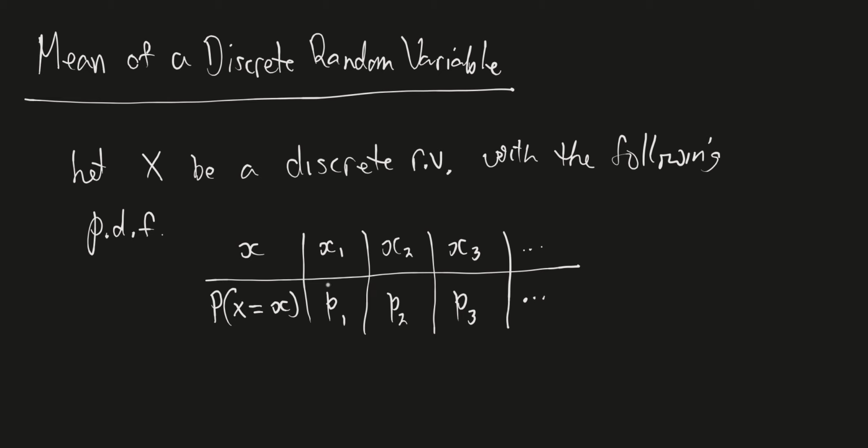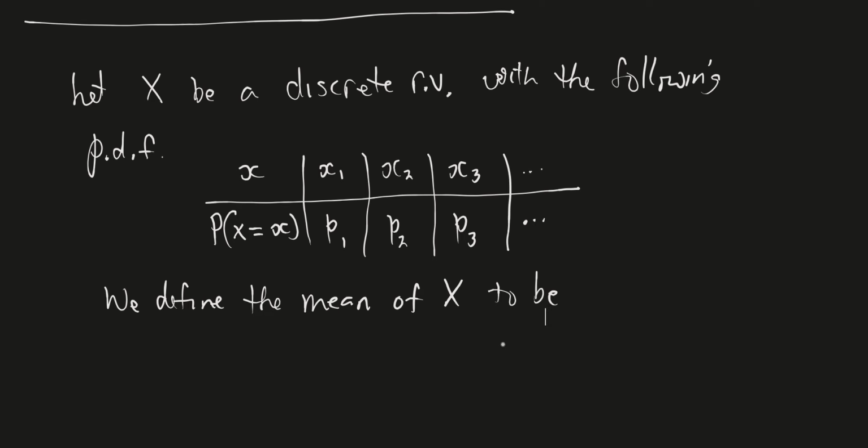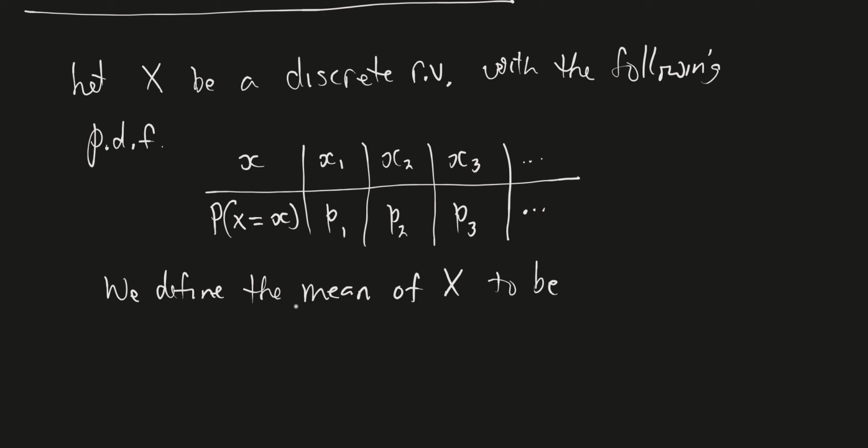So we have this. Now we define the mean of x to be the following summation. One notation for the mean is to use the Greek letter, the lowercase mu.